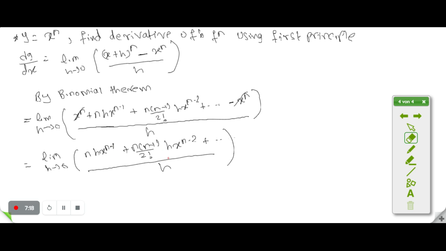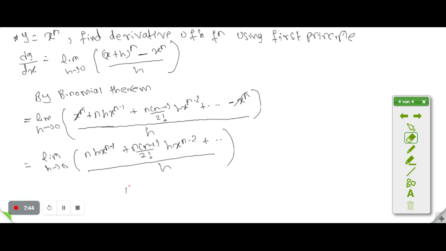Now I'm going to divide this h with each individual term. This is basic mathematics, guys. If you have at the numerator an addition, where this is one term and this is one term, you can divide each term by h, right? So I'm going to do exactly that.